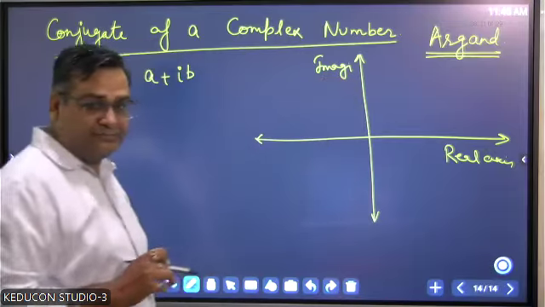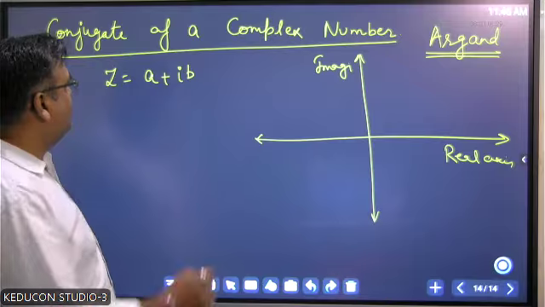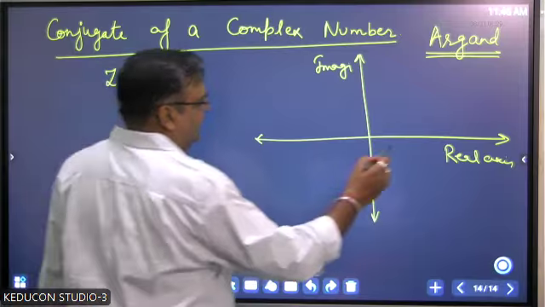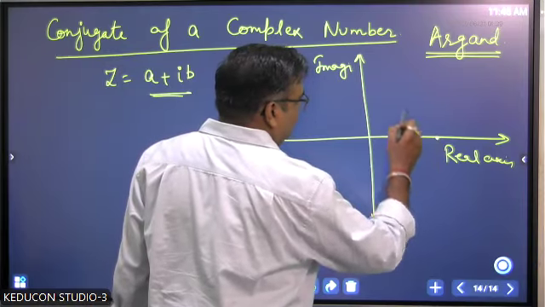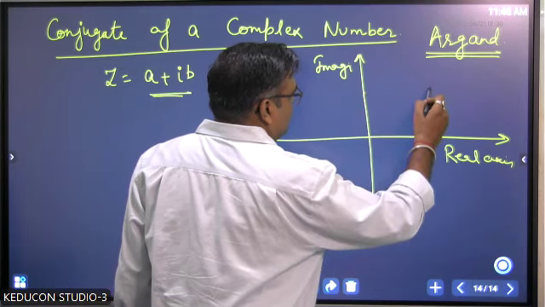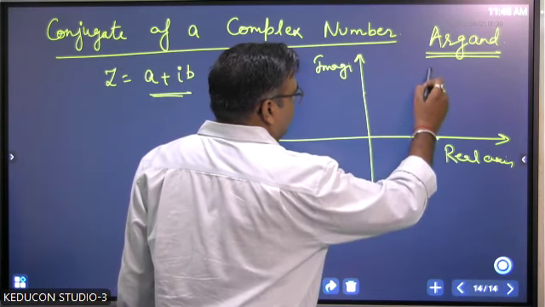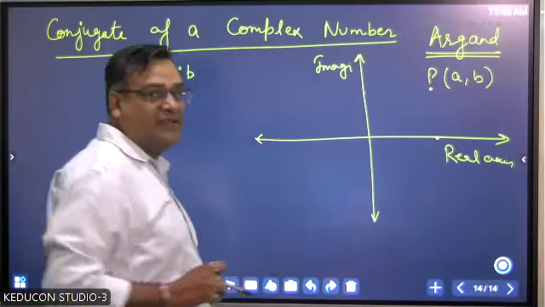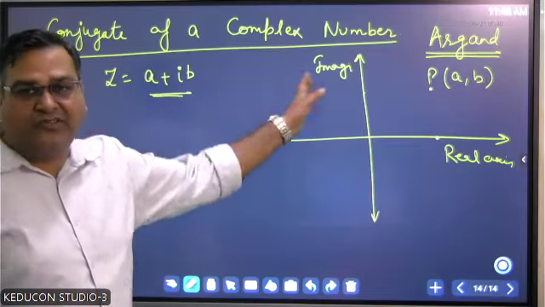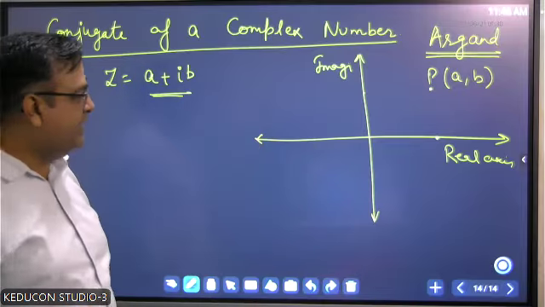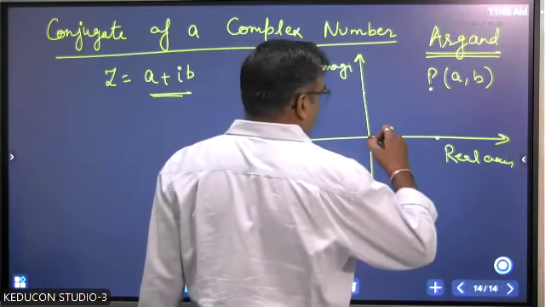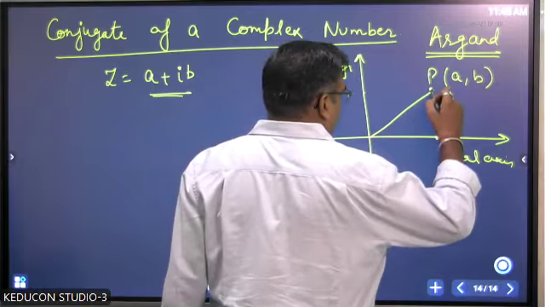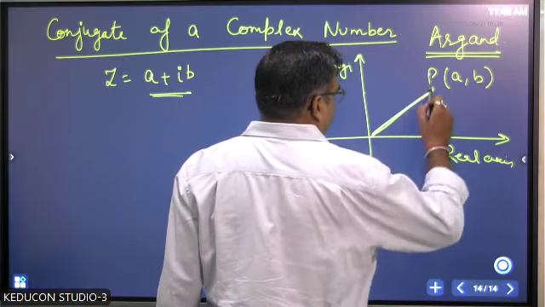Whenever you have to represent this number, let's say this point is a comma 0, this is 0 comma b. This point P having the coordinate a comma b will be the location of this complex number.